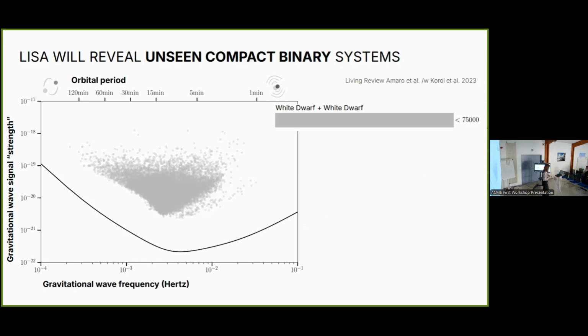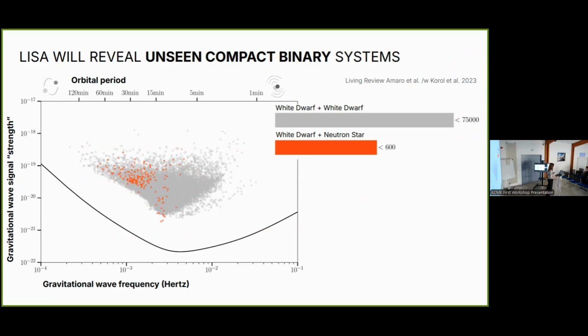We expect tens of thousands to be detectable with LISA, and I'm showing you only those with a certain signal to noise ratio. This is why you see a gap here between the cloud of gray dots and the LISA sensitivity curve. And then, of course, we'll have other types of binaries, such as white dwarfs with neutron star companions.